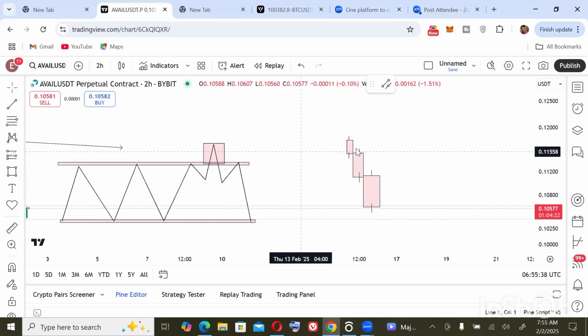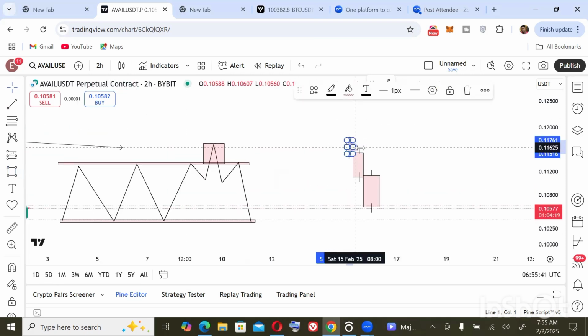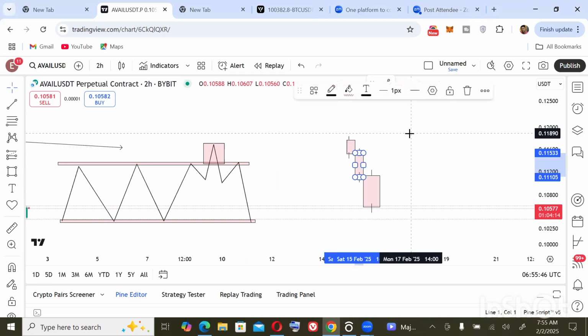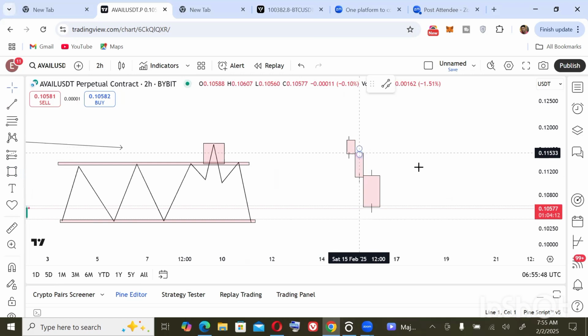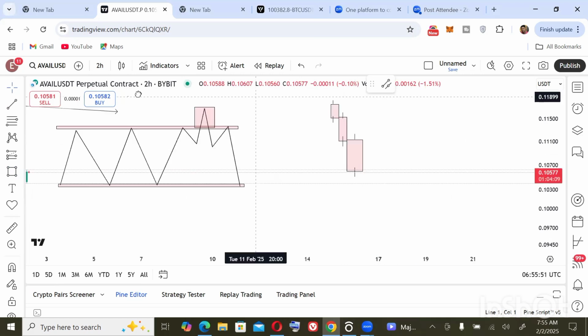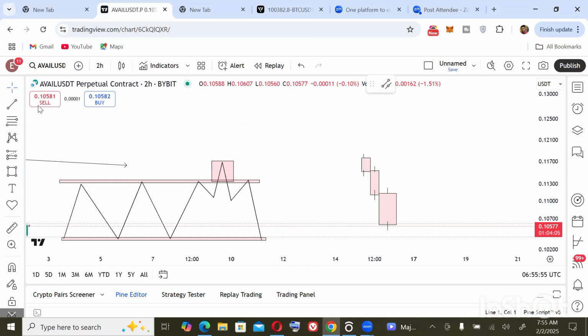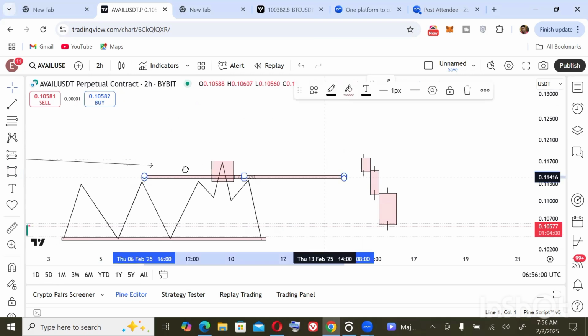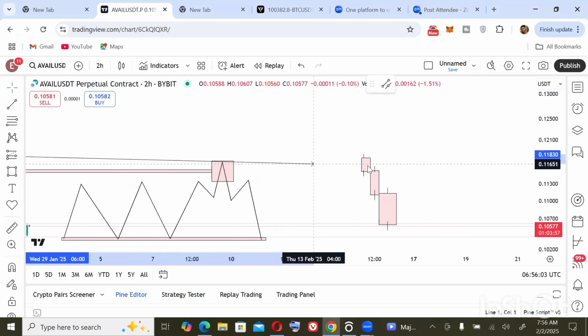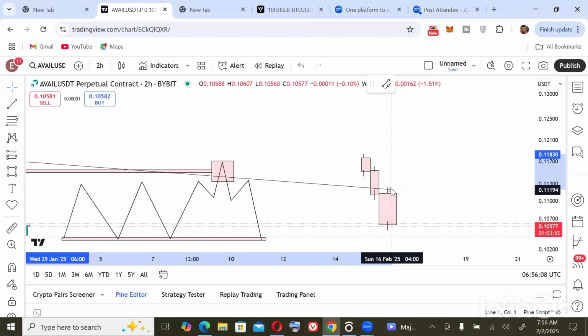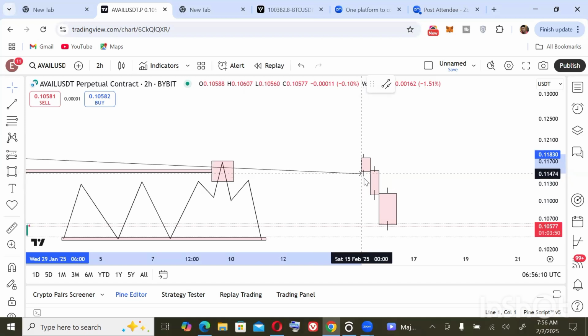Now let's look at this very, very clearly. Can you see the wick of this first candle here? Price is supposed to fill up this gap.